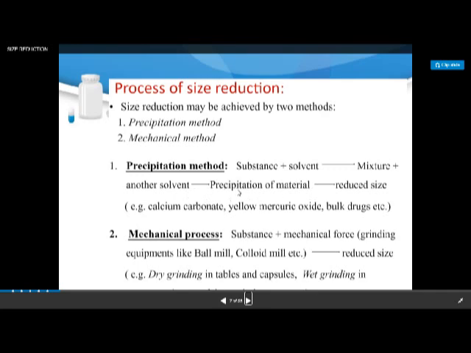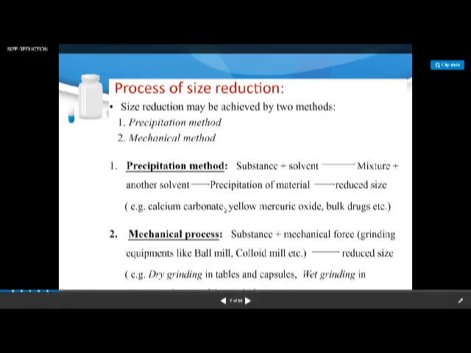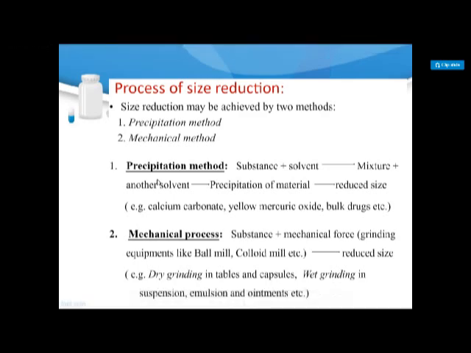The precipitate you get will be in the reduced, fine form. Examples of these materials are calcium carbonate, yellow mercuric oxide, and bulk drugs. By the precipitation method, we can get these products in fine size particles.